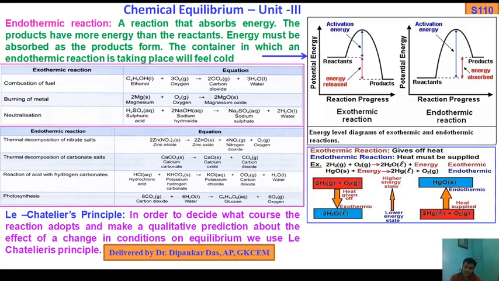You can differentiate by definitions, by criteria and by examples. This is the graphical representation of exothermic and endothermic reactions. The change of enthalpy will be positive in the case of endothermic reactions, and the change of enthalpy, delta H, will be negative in the case of exothermic reactions.